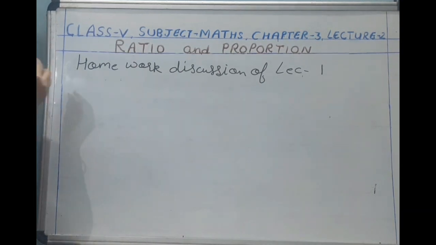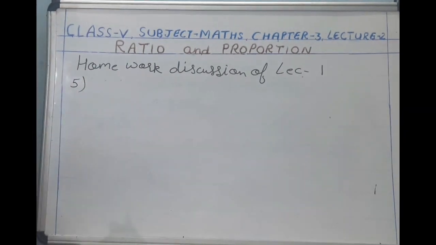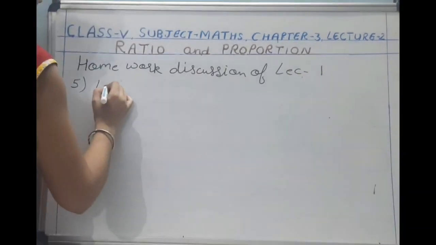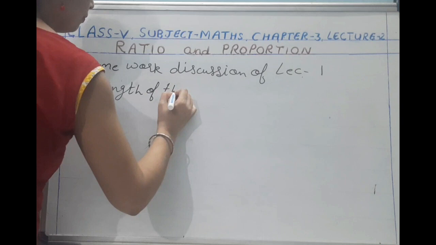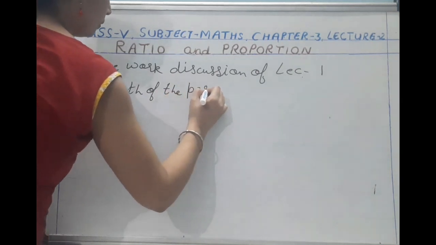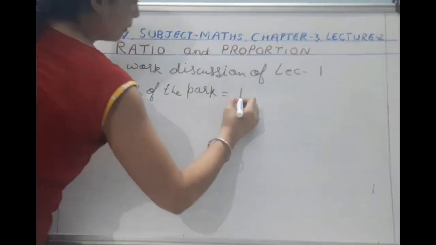Next was given to you question number 5. I'm telling you what is the question. A rectangular park is 150 meter long. Length of the park is given to you. Length of the park is equal to 150 meter.